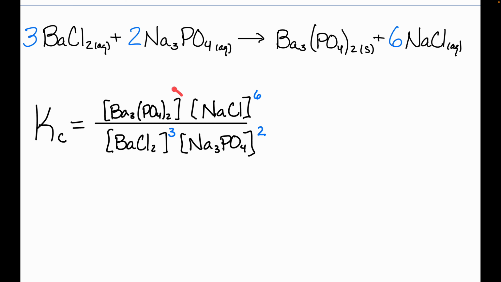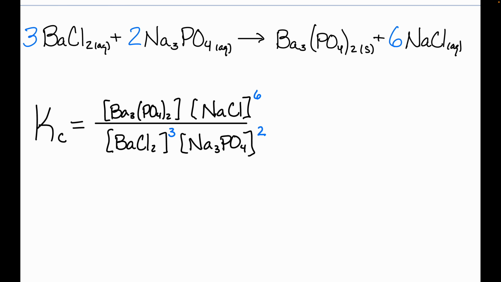And the problem is this term right here, this concentration of barium phosphate. Barium phosphate is a solid, right? In order to be in a solution and have a concentration, by definition, that solute has to be homogeneously distributed throughout that solution. That's not going to be the case here.